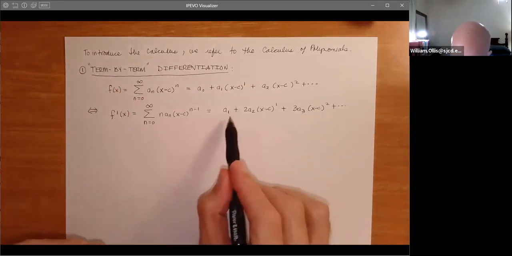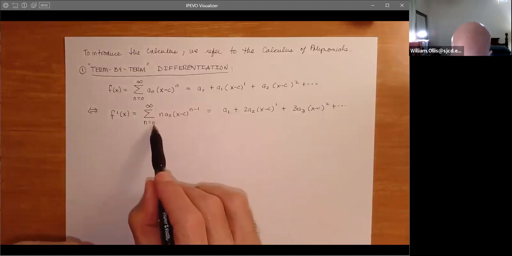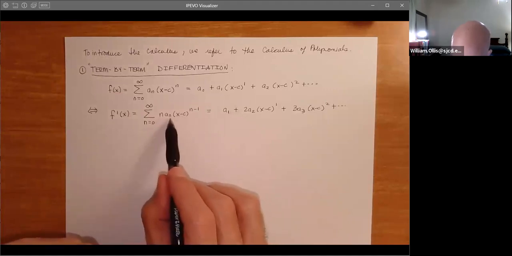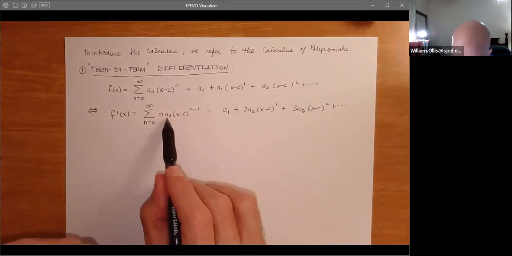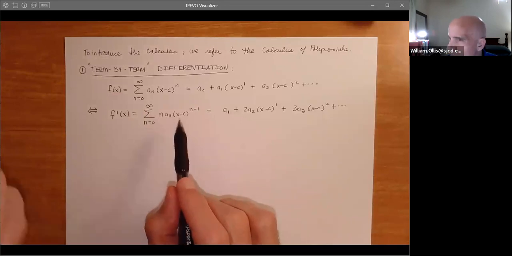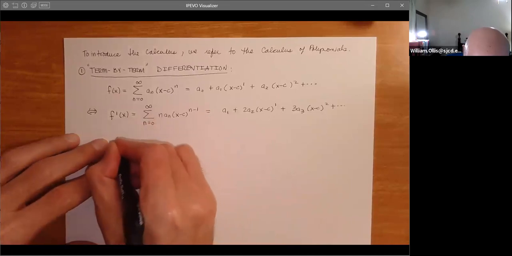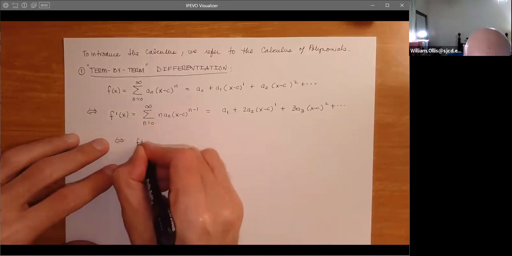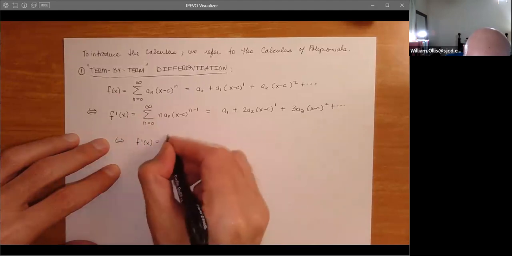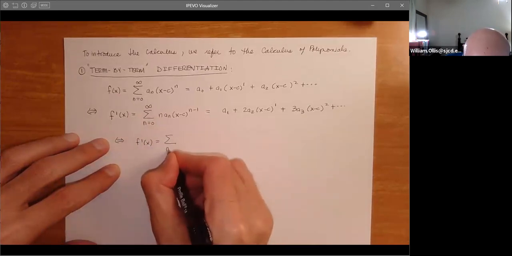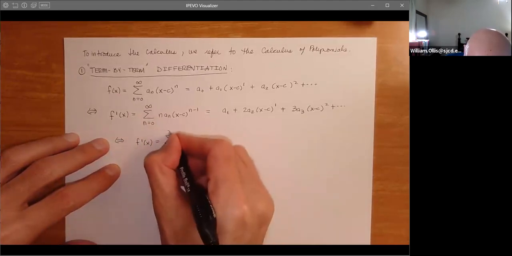Now, of course, look here. If I have n equals 0, then the first term is just 0. We've got 0 times a sub 0. So I don't really need a 0 term. So I could just say equivalently, and of course this will change, we can say f prime is just the series where we start at 1, if you like.